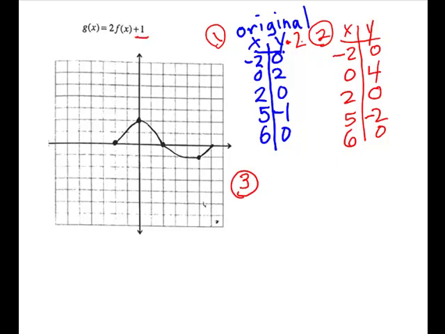And this is outside the x, so it's going to add to the y's. So my x's will stay the same as my second table. And my y's, I'm going to add 1.